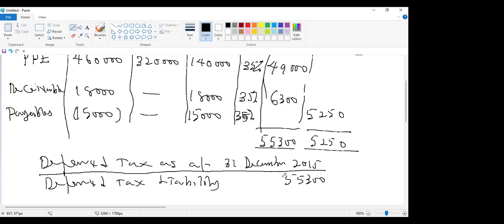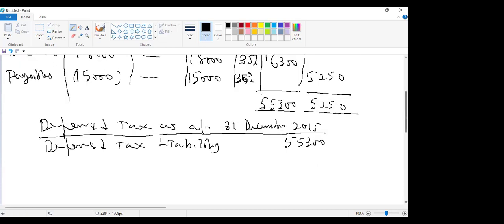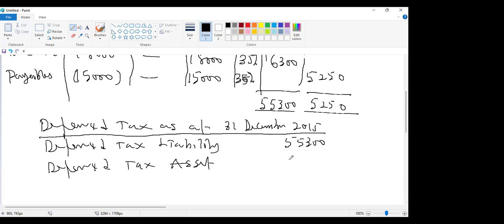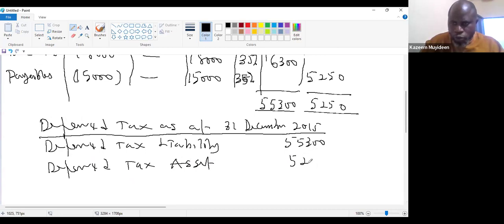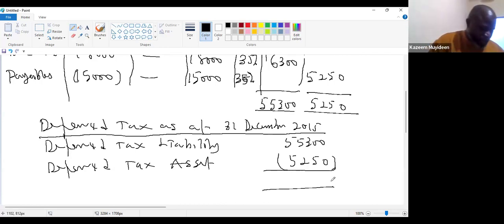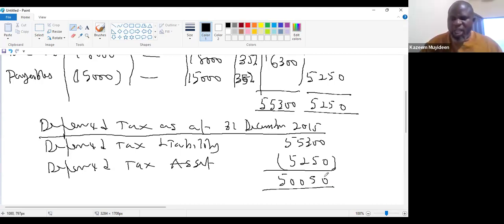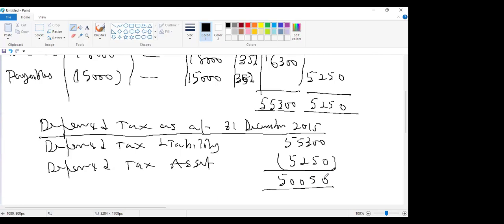Then the deferred tax asset, which is 5,250. What is the net? 50,050. Oh, thank you. 50,050. This is it.